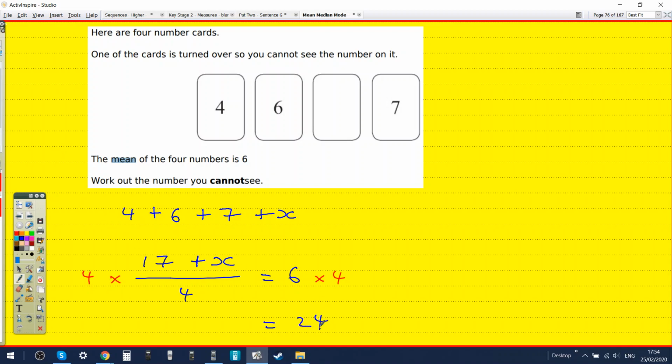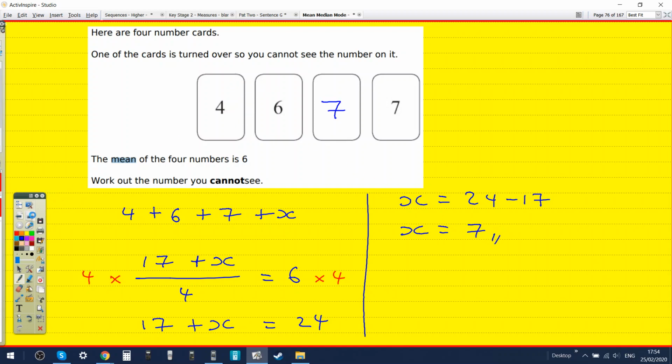And then you can do 24 minus 17, which is 7. And so x is 7. Well done. You got it.